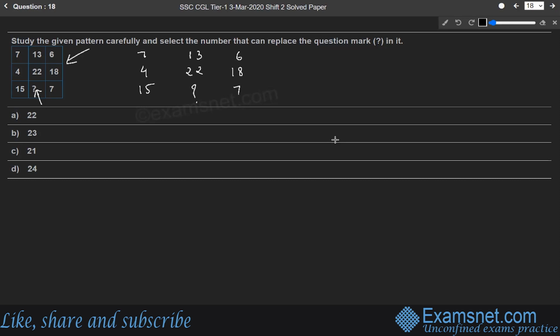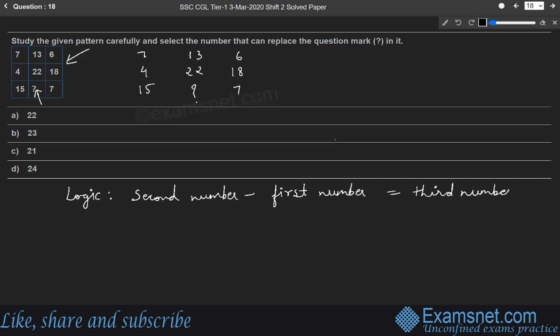So firstly, let us understand the logic behind this pattern. The logic is second number minus first number gives the third number. Now let us check it for all the given rows, and this logic is row wise.